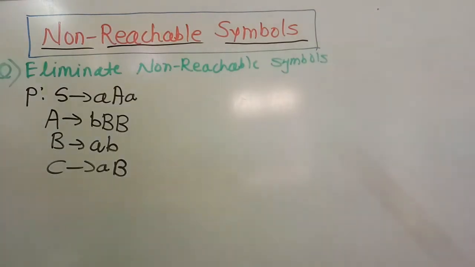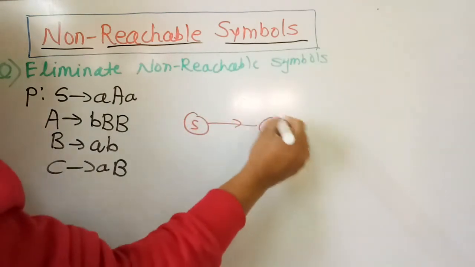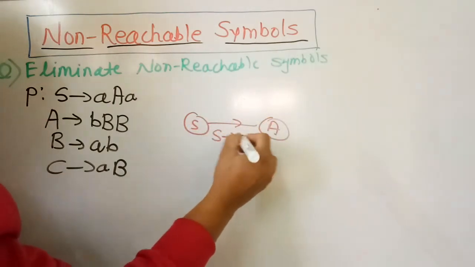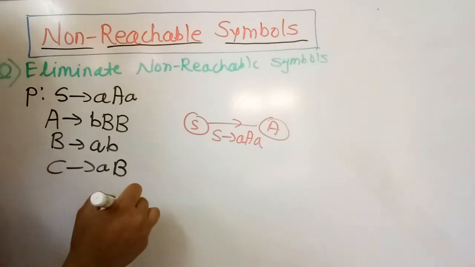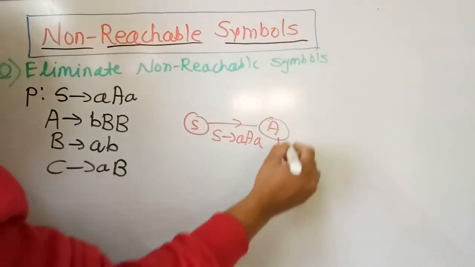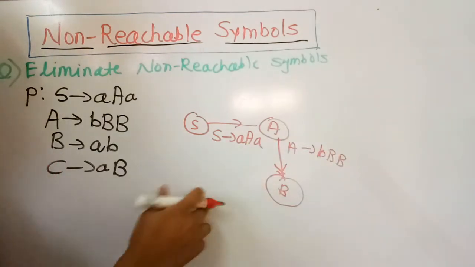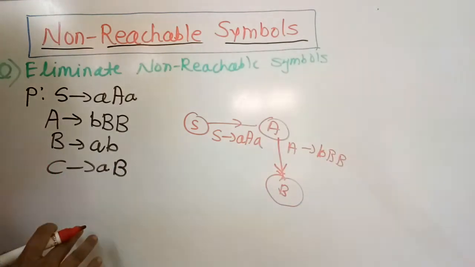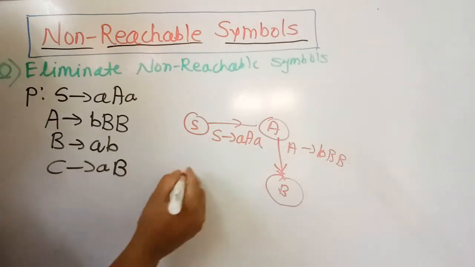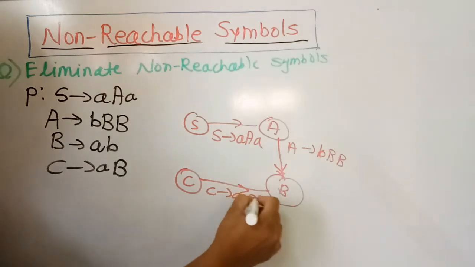Let us consider this next grammar and we will try to write a dependency graph, that is S is dependent on A, that is S gives A. Again A is dependent on B by the production BB. Again B is not dependent on anything further. But we will see here that C is dependent on B with the production C gives AB.